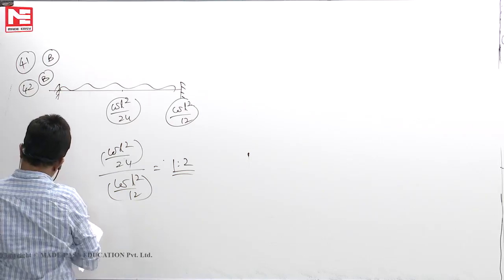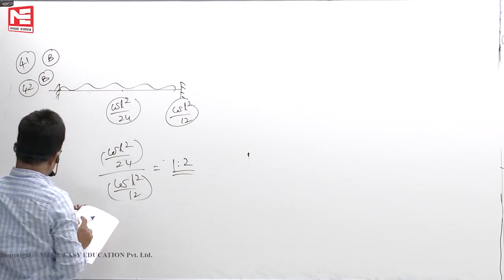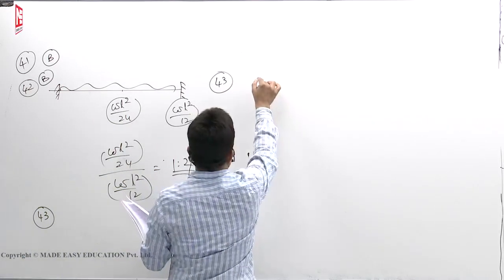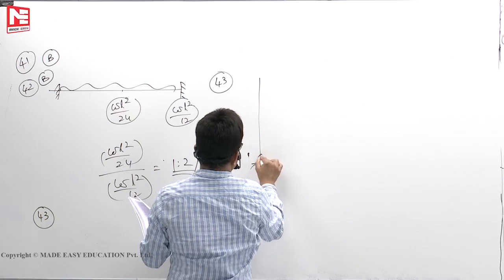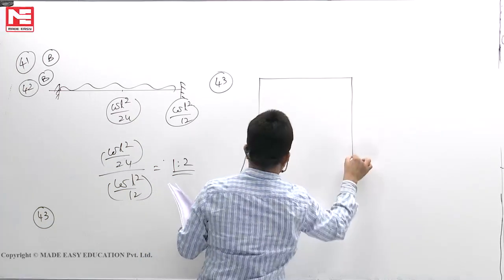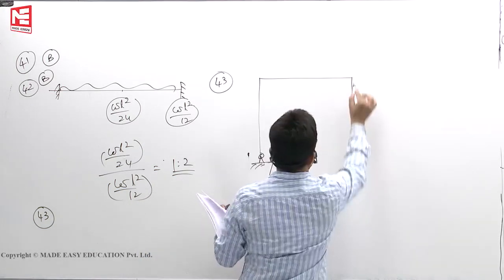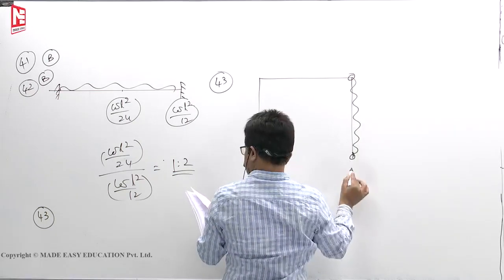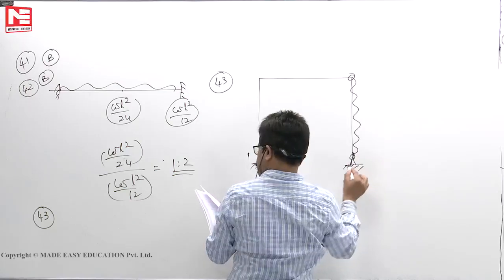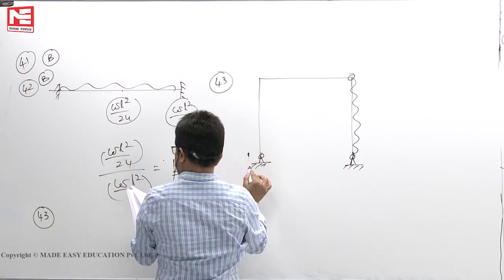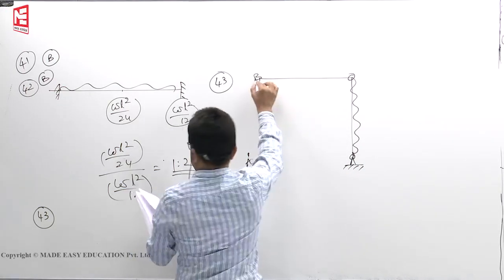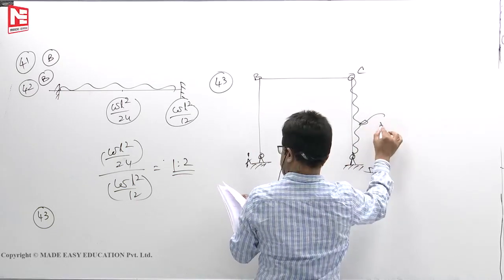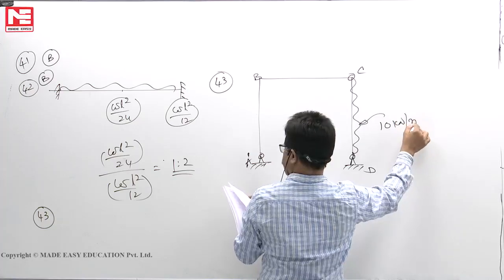43. What is the value of vertical reaction at A? This is the question. Hinge here, hinge here. A, B, C, D. This load is 10 kilonewtons per meter.